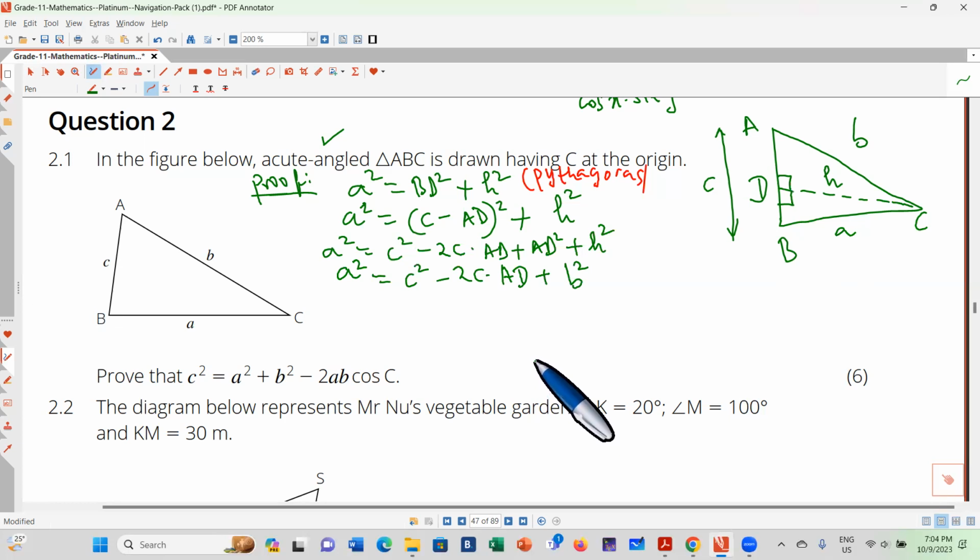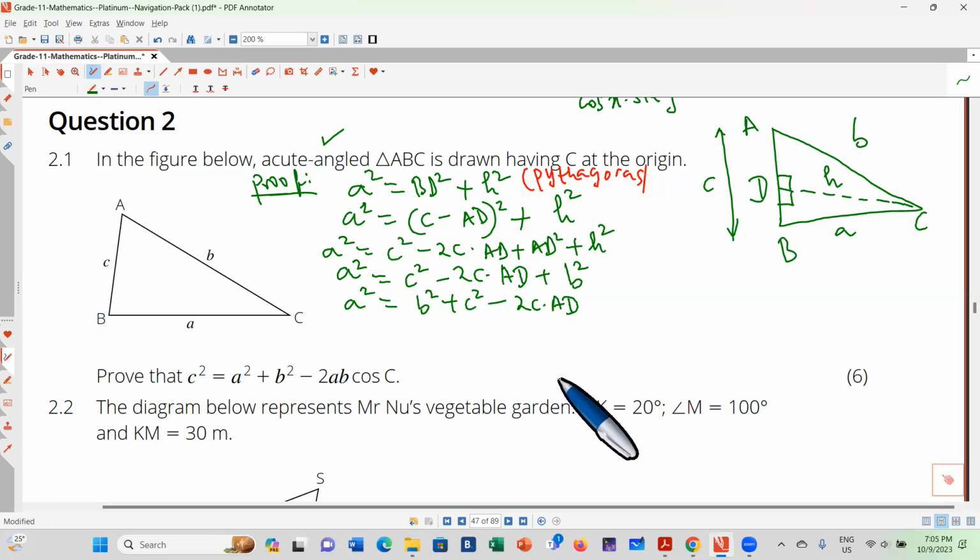So this one is A squared is equal to B squared plus C squared minus 2C AD.